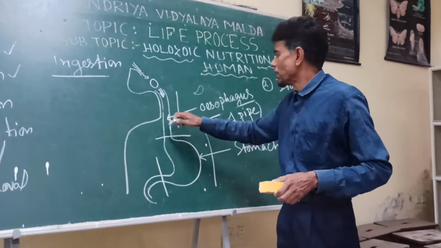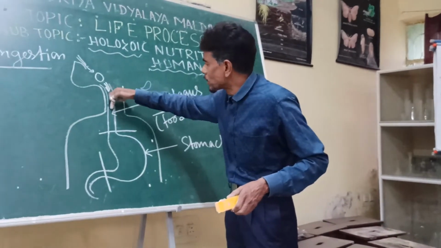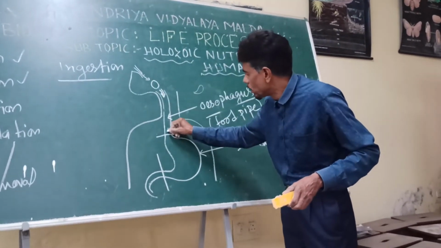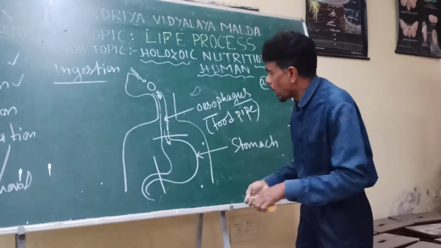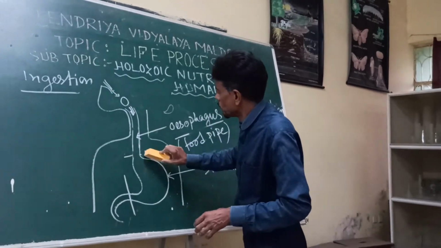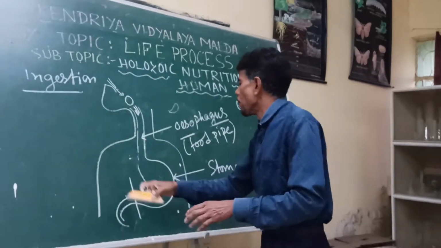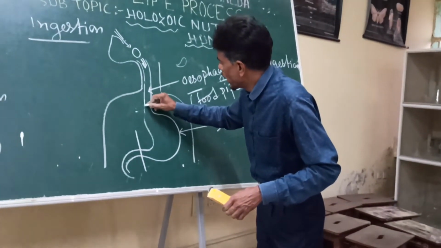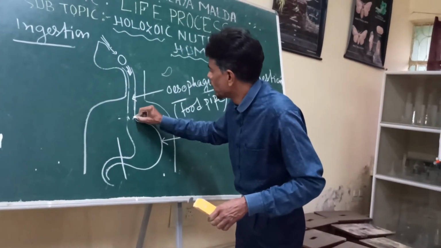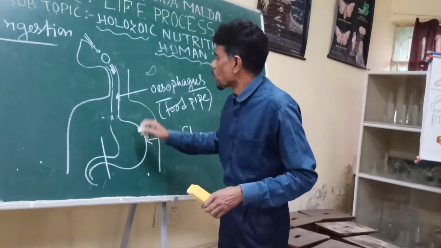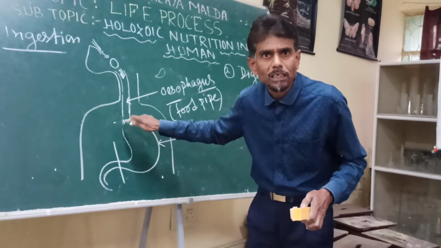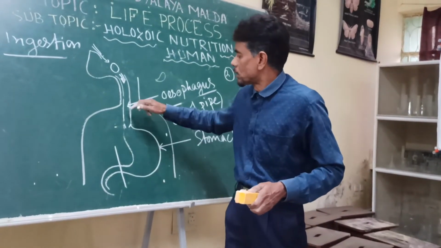So the esophagus acts as a passage of food from the mouth cavity or buccal cavity to the stomach. Now, the entry of food into the stomach is guided by a sphincter called the gastroesophageal sphincter.